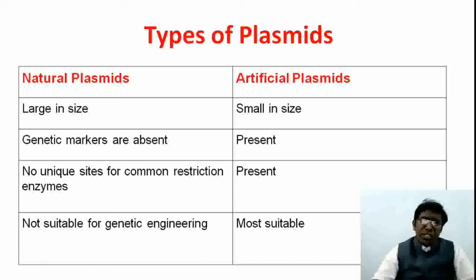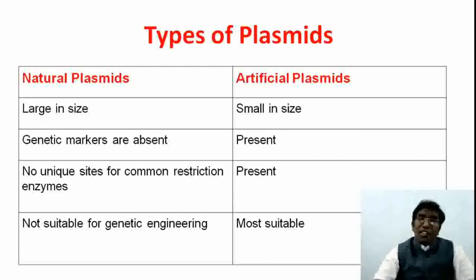They are manufactured or modified from natural plasmids. Natural plasmids are taken out and modified. It means some genes are added to the natural plasmids, some genes are deleted, and that natural plasmid is modified, and finally it is made into an artificial plasmid.